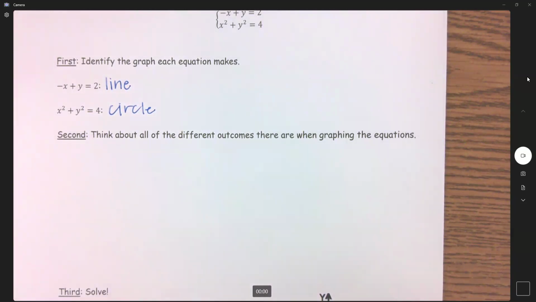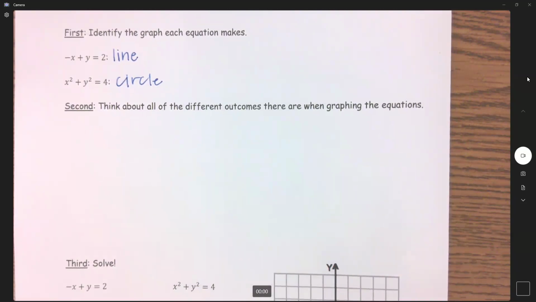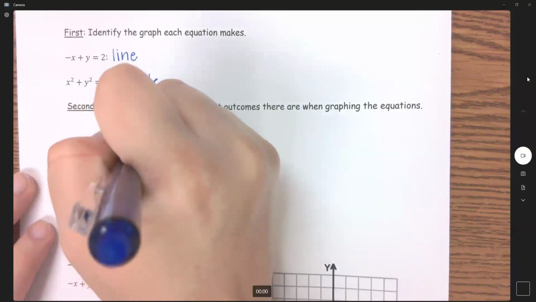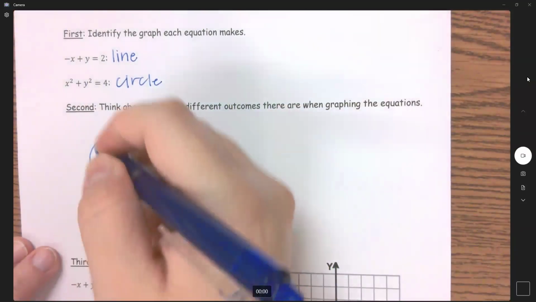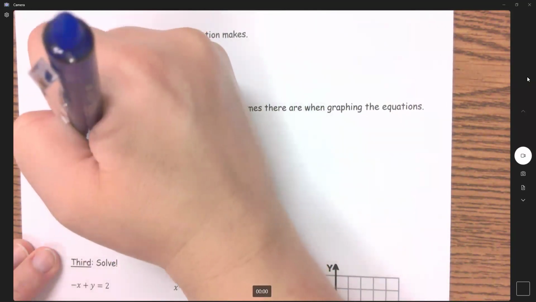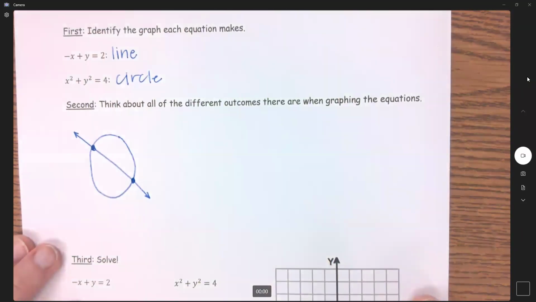Okay, I hope you had time to think about the different outcomes, or at least have time to pause and think about it. We could have 3 different outcomes with this one as well. We could have a circle, pretend like that's a circle, and we could have a line cross through it at 2 different places.